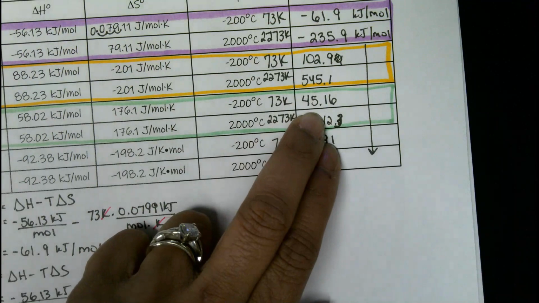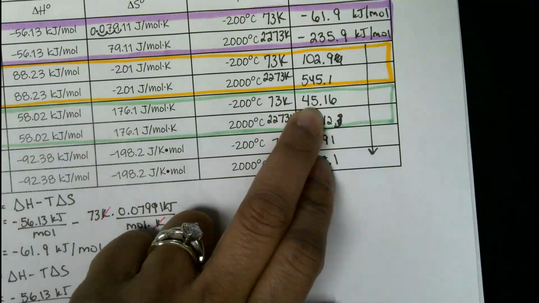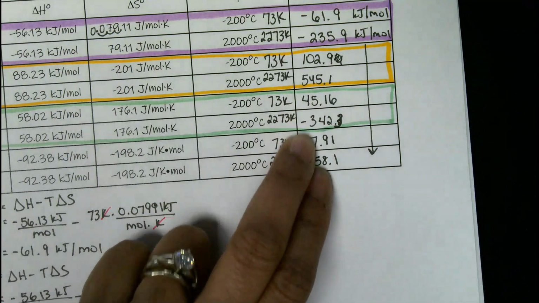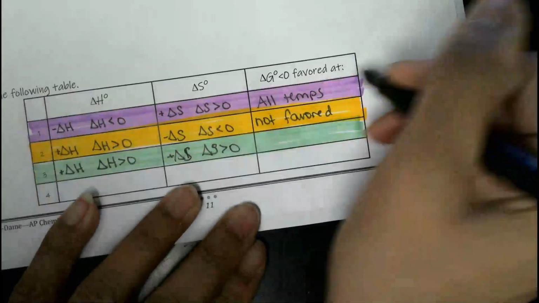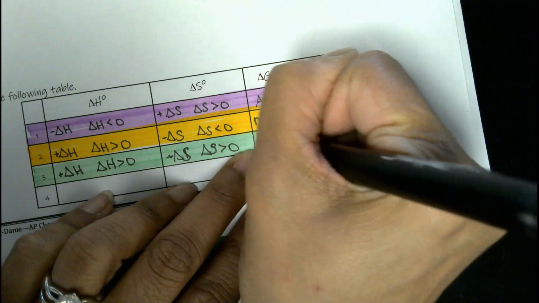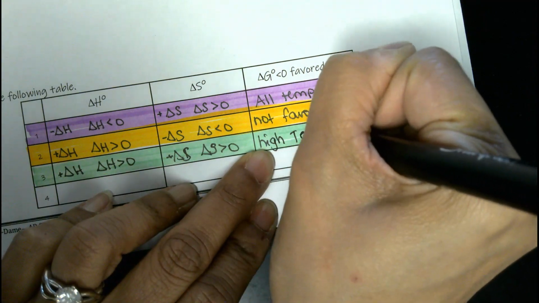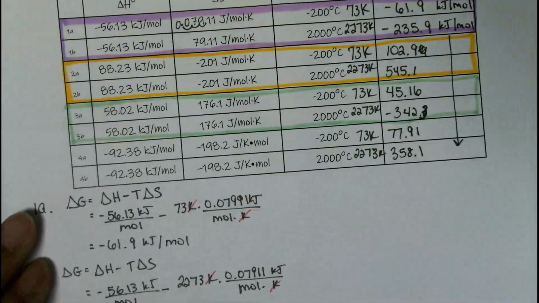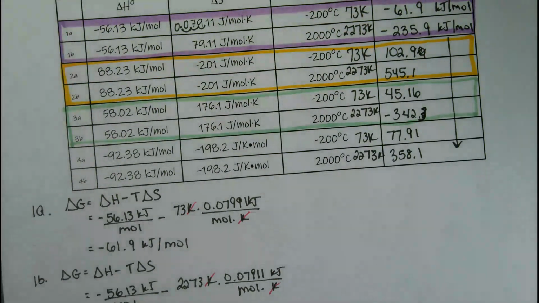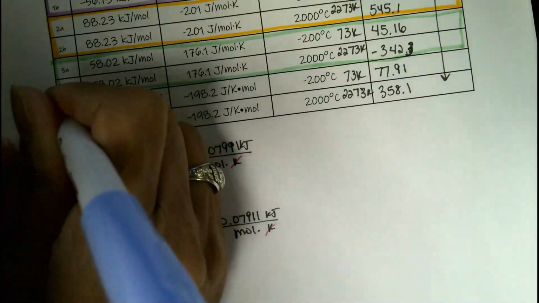Delta G was not thermodynamically favorable. Whereas at high temperatures, it was favored. So delta G is favored at high temps. And that value for high temps really depends on what your values for delta H and delta S are.